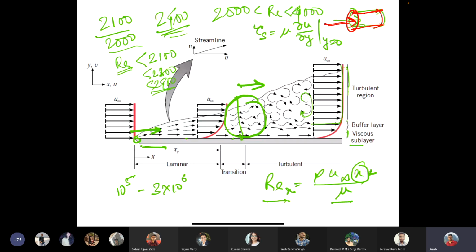Immediately after it enters, due to the entrance effect, as it touches the surface, and depending on the nature of the surface and the shape of the entrance, you can control this transition number, or the range of Reynolds number till which the flow will be laminar.